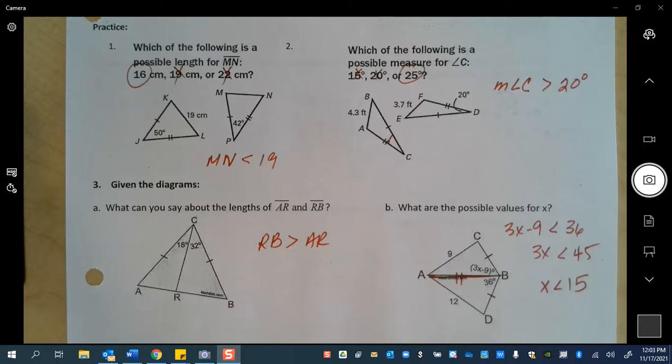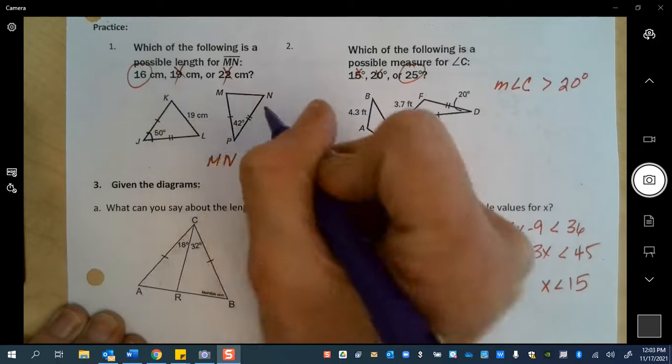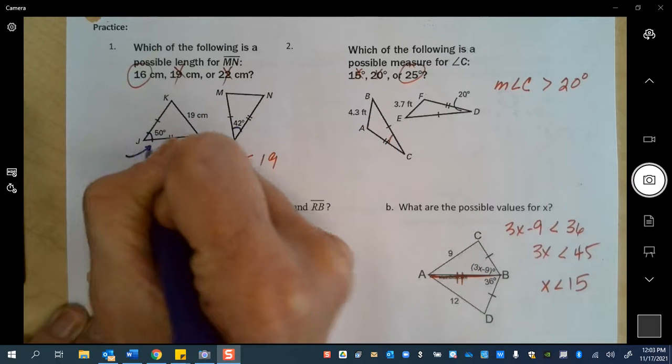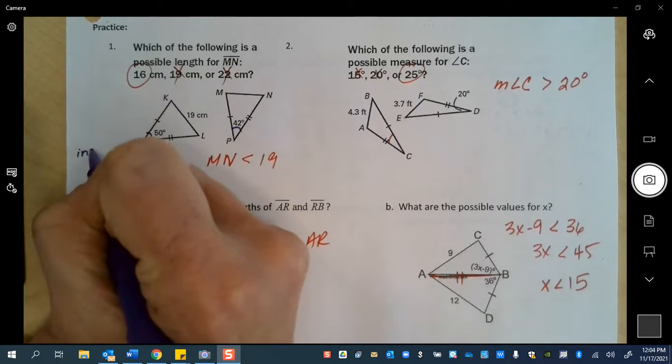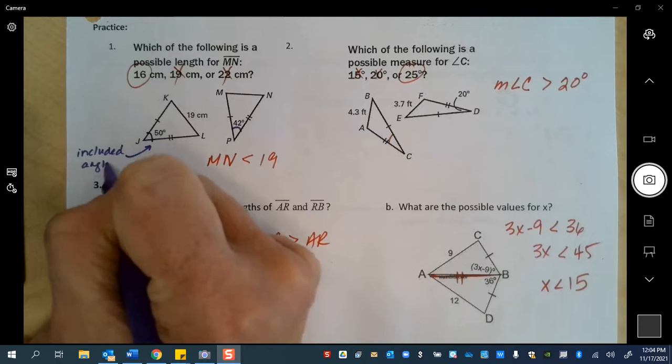All right, how do we do? Because I know that this side is congruent here and these sides are congruent here, and we want to make sure we're talking about our included angle.